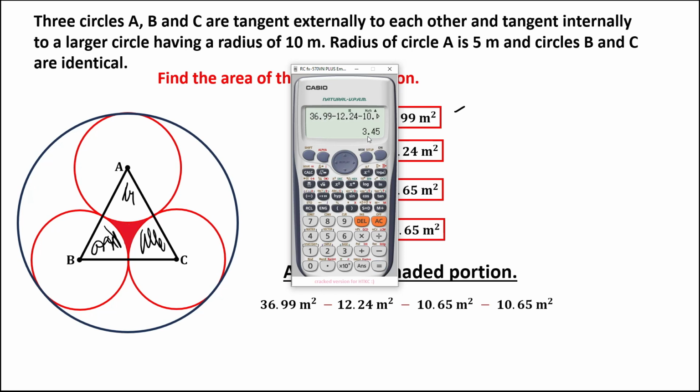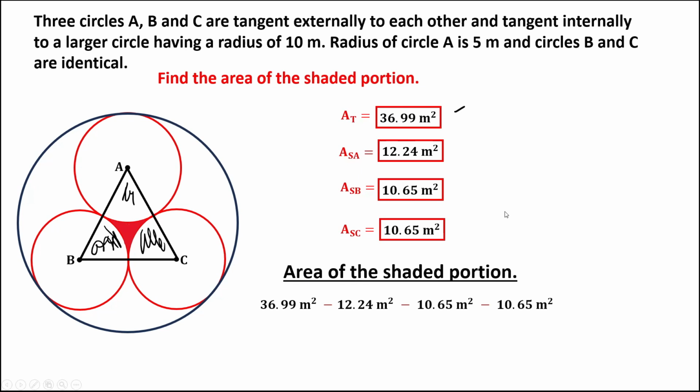So the area of the shaded portion is 3.45 meters squared.